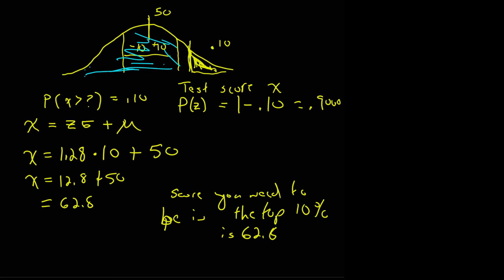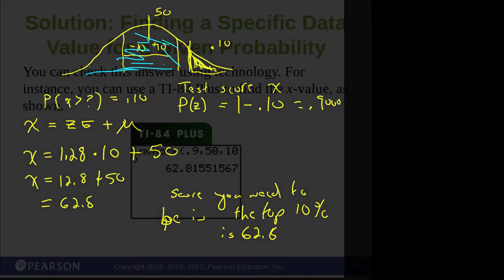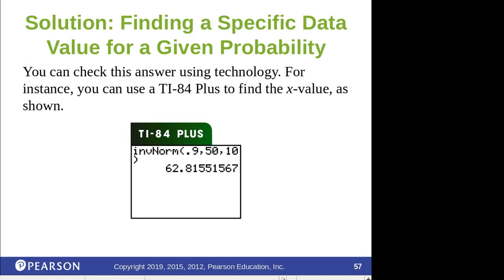All right, one other thing I'm going to show here for the people with the TI-84s: going backwards from a probability to an X value can be done in the TI-84 using the inverse normal.